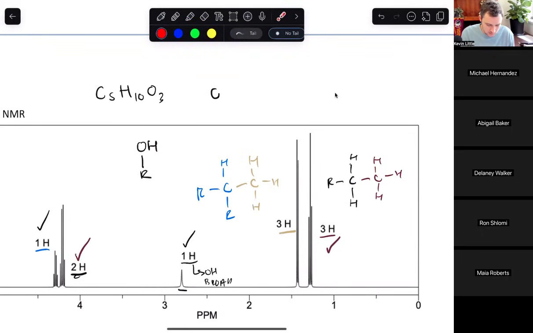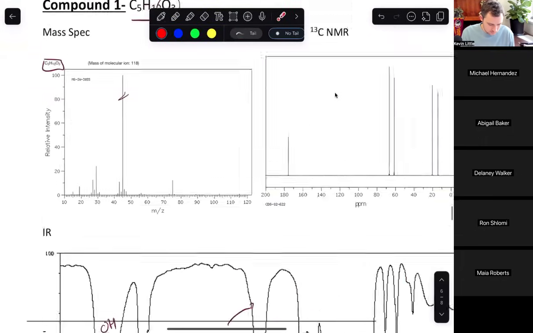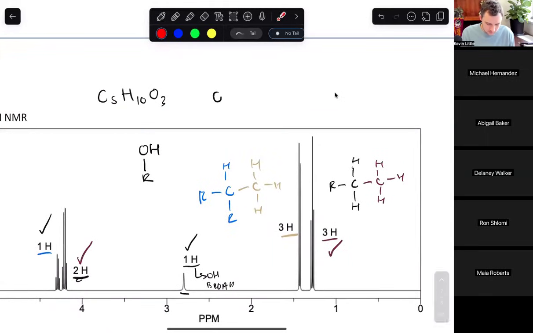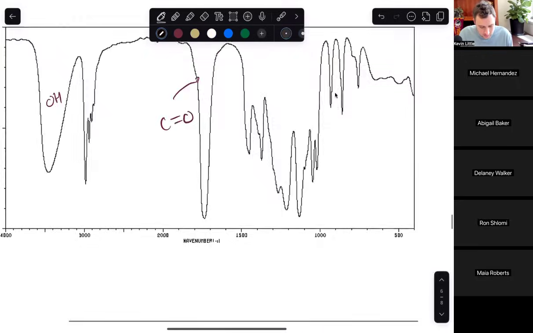I have one oxygen and 1, 2, 3, 4, 5, 6, 7, 8, 9, 10 hydrogens. So I'm not missing any hydrogens. I'm missing a carbon and an oxygen. I know I've got a carbonyl.